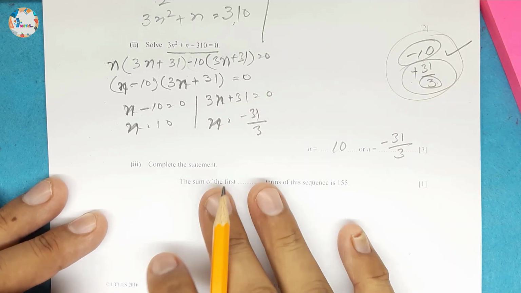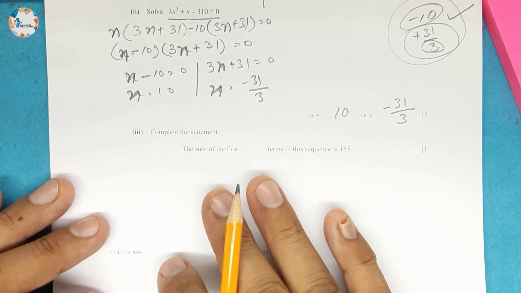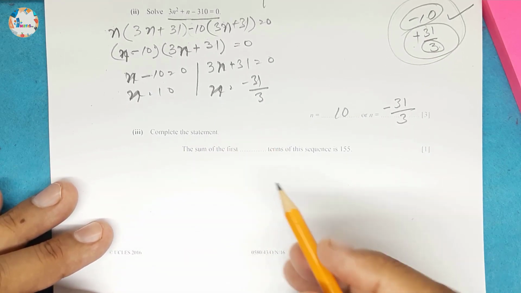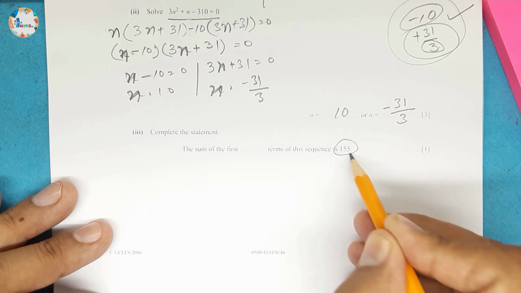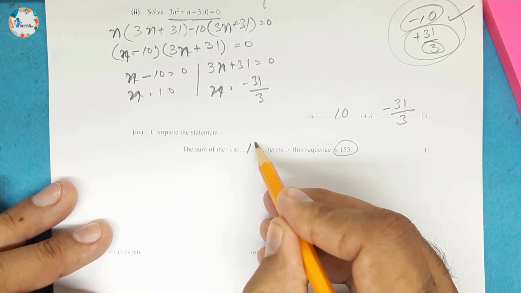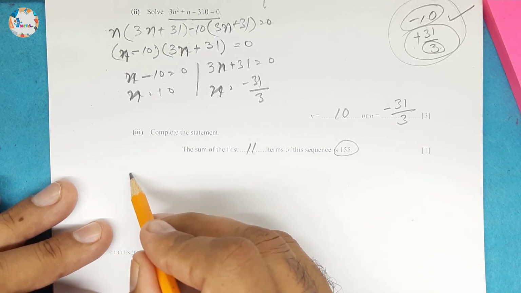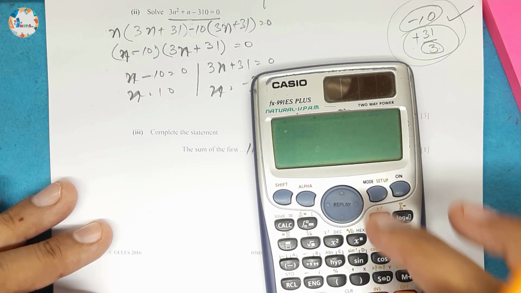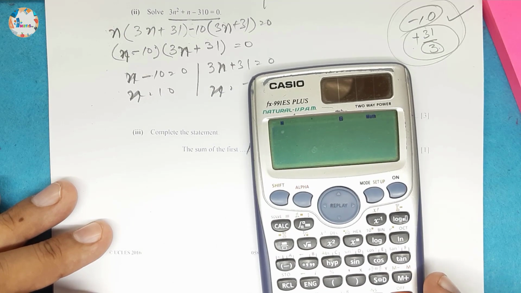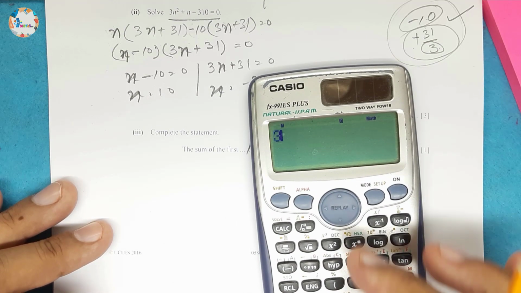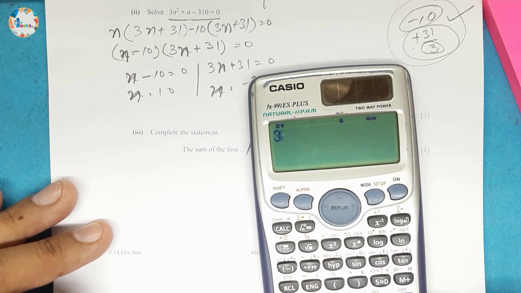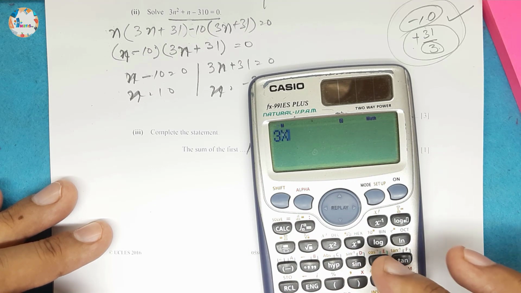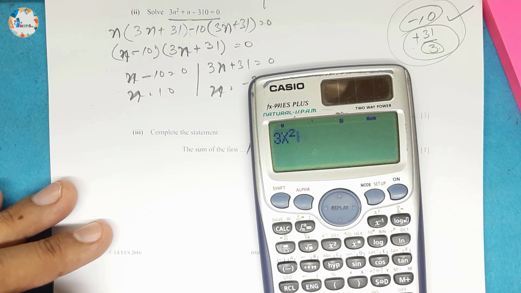Now they are saying how many terms of the sequence will be resulting to 155. So if we change n is equal to 11, if we replace this one, like for example, how to solve this basically easily. We can type this one as x squared plus x minus 310.